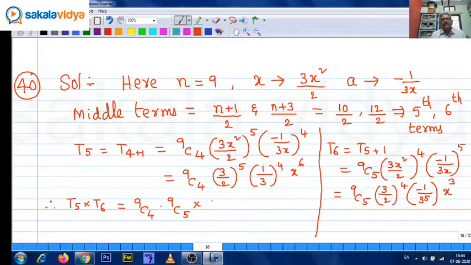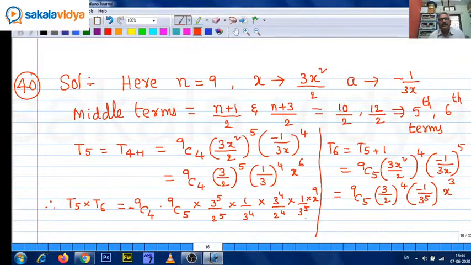That we can write as 3^5/2^5 into 1/3^4, into 3^4/2^4 into 1/3^5, and x^6 into x^3 is x^9.